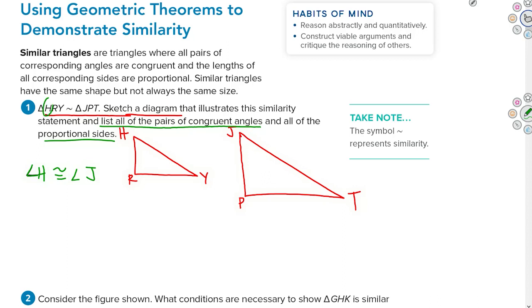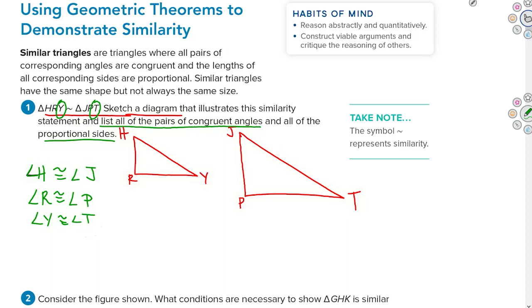The first letter here corresponds to the first letter here. Angle R is congruent to angle P, second letters, or looking at the picture, that's what it looks like. And angle Y is congruent to angle T. All right, those are the congruent angles.